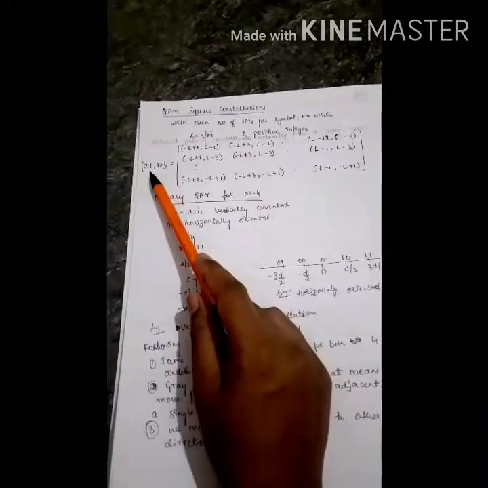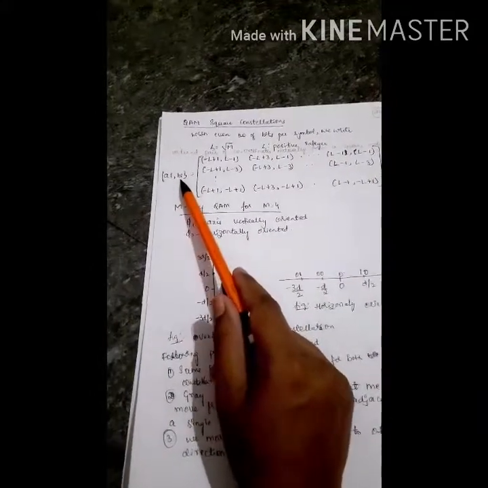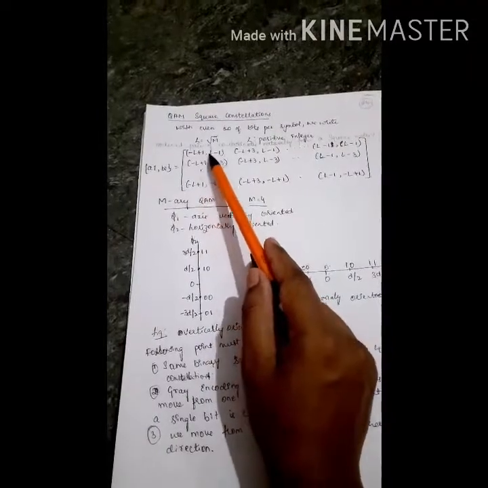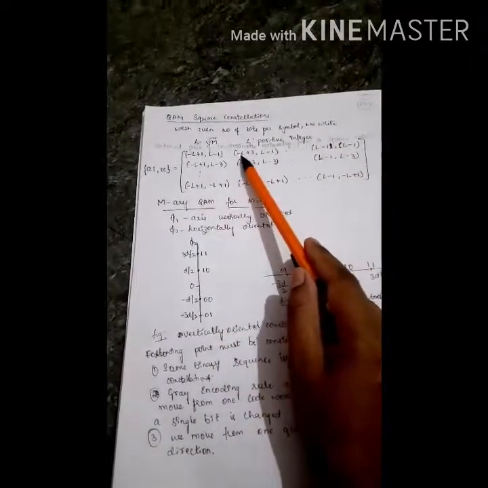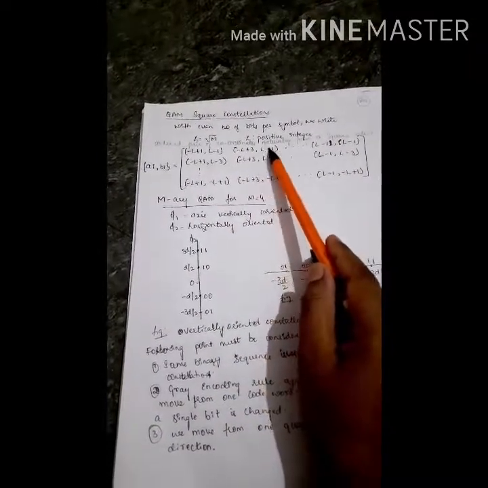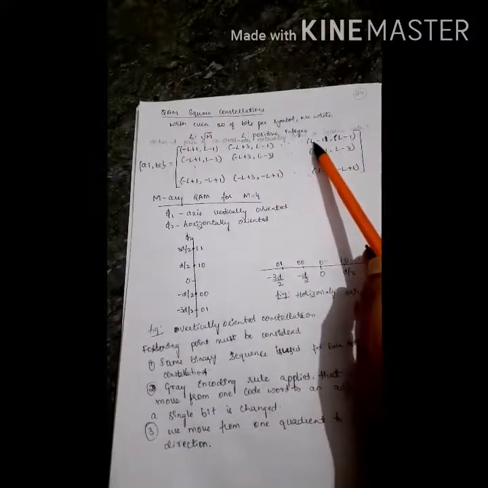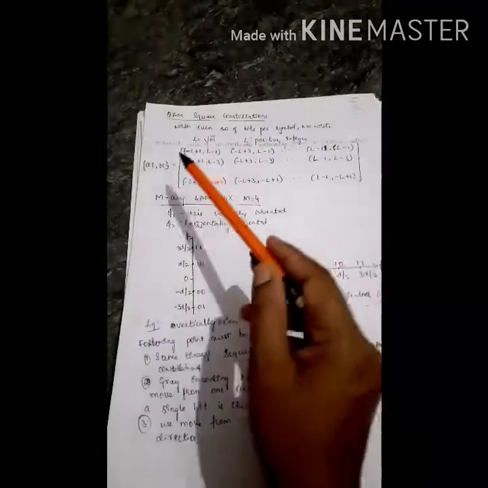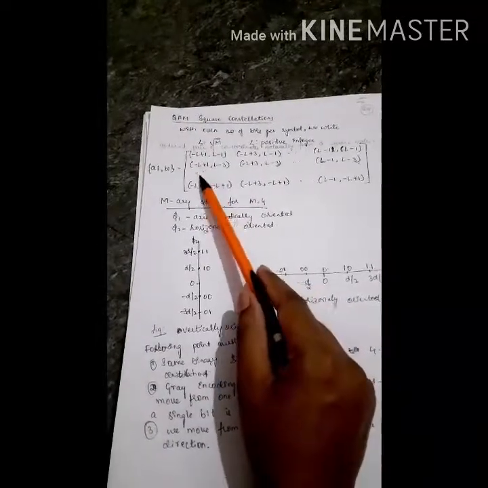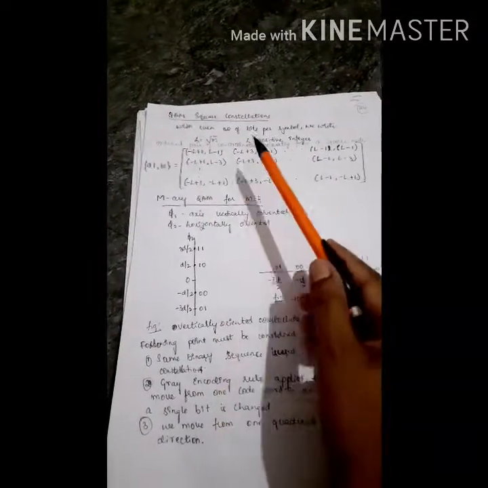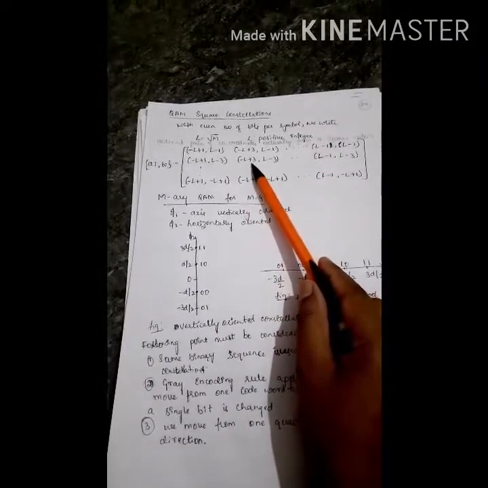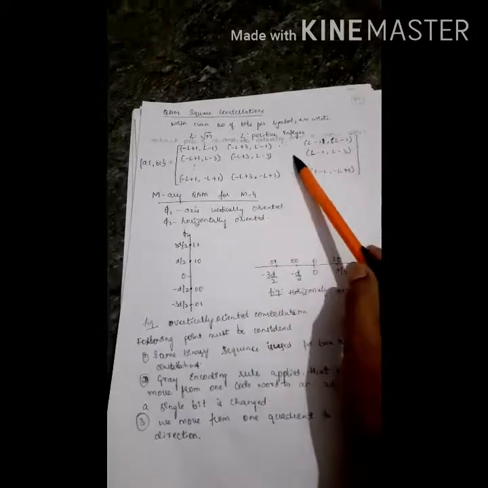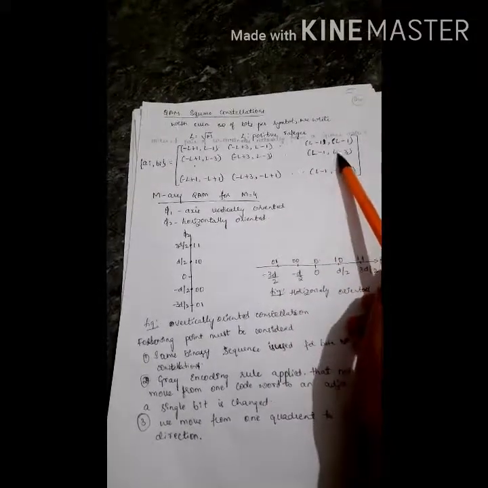This is given generally by ai, bi for the square constellation: minus L plus 1 comma L minus 1, minus L plus 3 comma L minus 1, and like that up to L minus 1 comma L minus 1. Next is minus L plus 1 comma L minus 3, minus L plus 3 comma L minus 3, like that up to L minus 1 comma L minus 3.